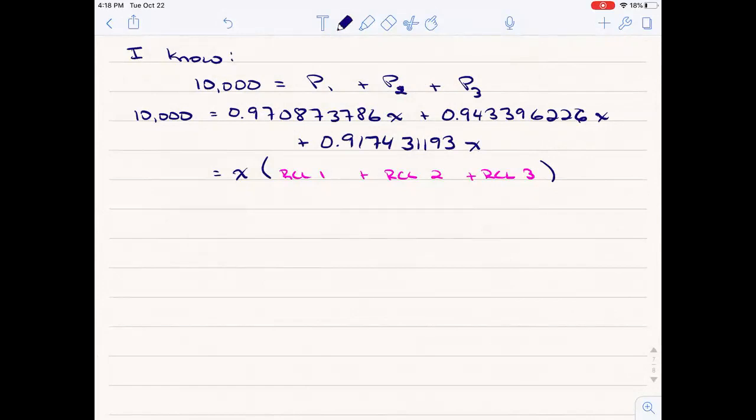But only if you've told me what recall 1 does, recall 2 does, and recall 3 does. So now I've got x times recall 1 plus recall 2 plus recall 3, and I get 2.8317012005.